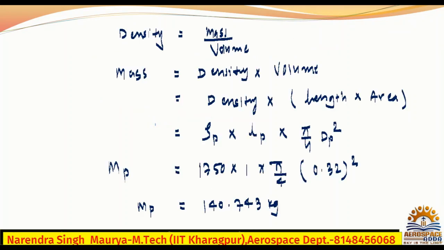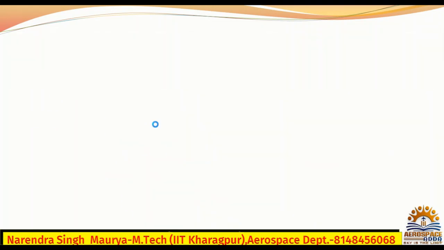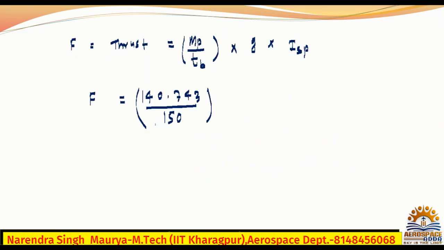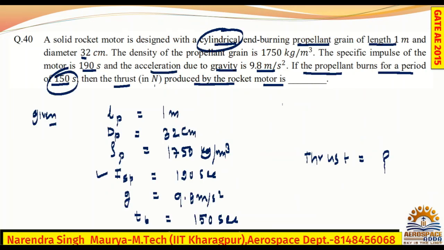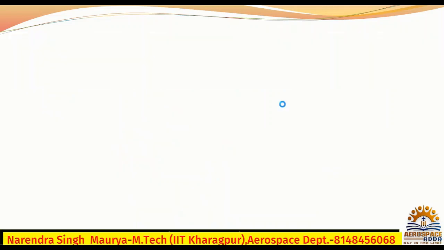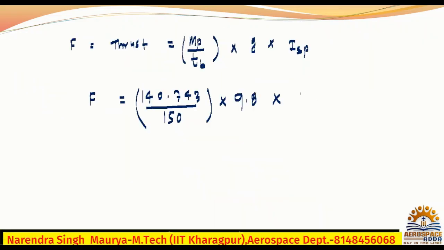If g, 9.8, they have not given, you can consider. Into what is the Isp, specific impulse? Isp is 190 seconds, right? 190 seconds. We'll calculate this. All values we have to calculate, multiplied by 9.8 multiplied by 190, divided by 150.